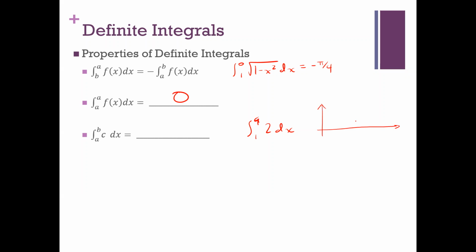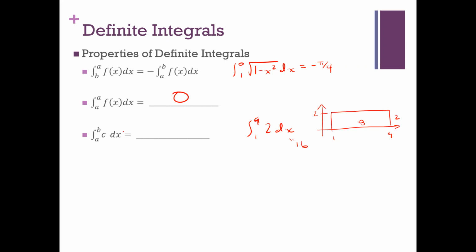Right. So remember, if we think about this in terms of area, if I go from 1 to 9 and the height is a constant 2, the height of this rectangle is 2. What's the base? Yeah, the base is 8, height is 2. That's an area of 16. Can we generalize that then?